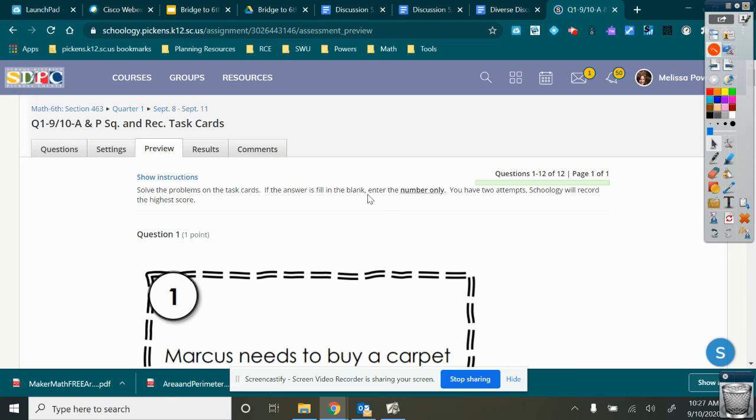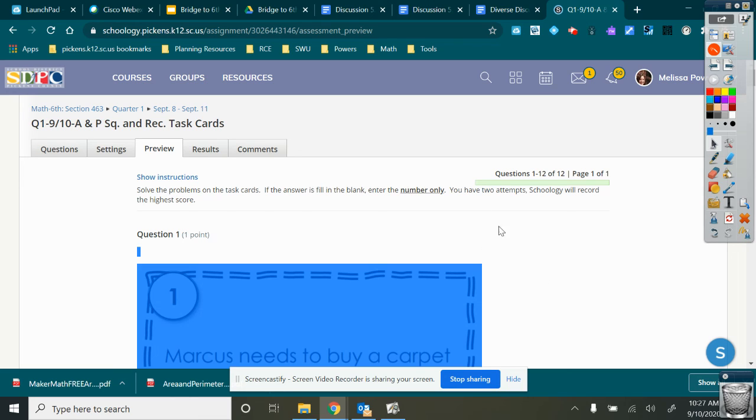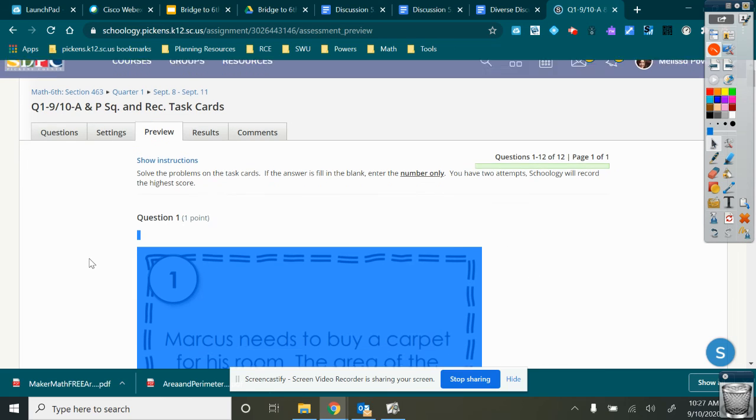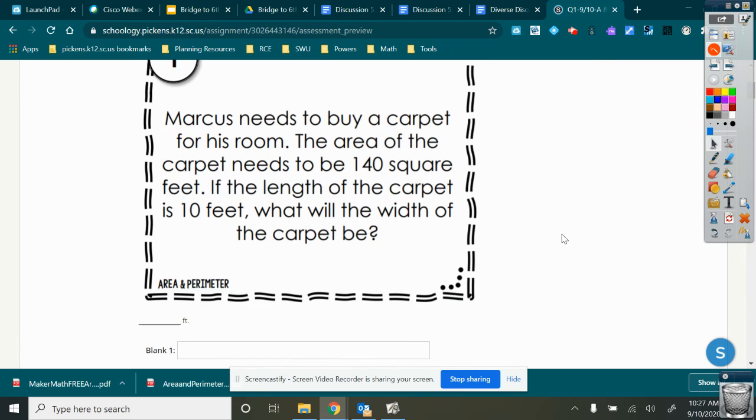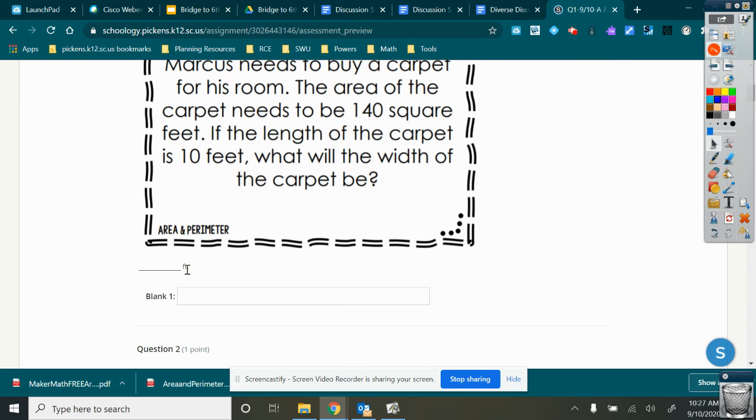If the answer is fill in the blank, enter the number only. So please, when you get your answer, just enter the number of your answer. You do not need to enter any units because I've got the units there for you. See, I've got the units at the end of the line.